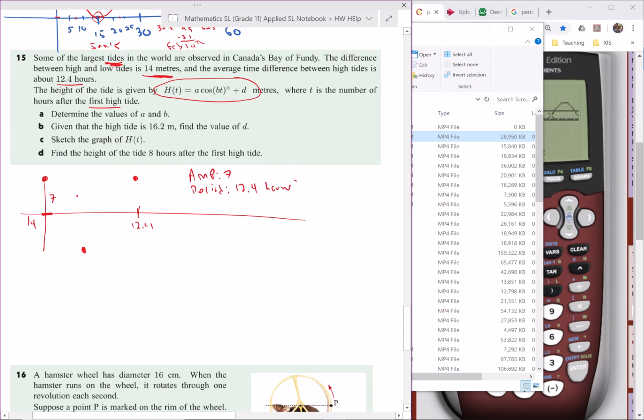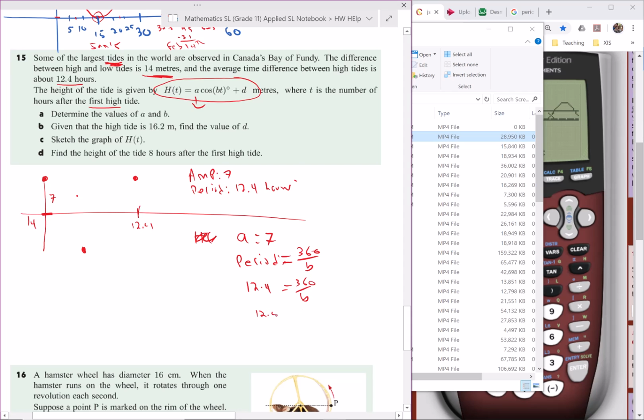All right, so it says determine the values of A and B. We kind of already did that. A should be 7 because that's the amplitude. B is related to the period. Remember, the period is always 360 over B. We know the period in this case is 12.4. So we've got to ask, what is that B value?